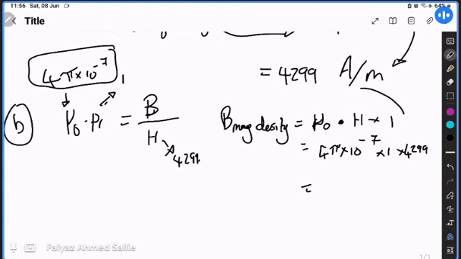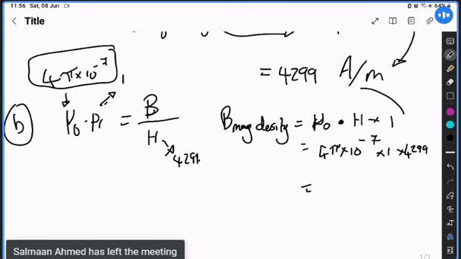So let me just put that in my calculator. 4 multiplied by shift pi multiplied by 10 to the power of negative 7 multiplied by 1 multiplied by 4299 equal to.